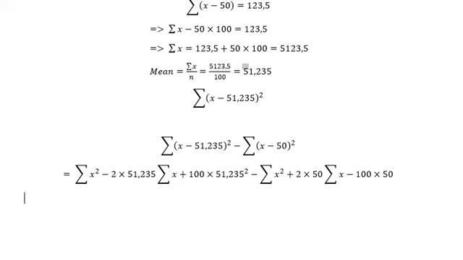So now we will simplify this one. We have the summation of s to the power of 2 and the negative summation of s to the power of 2, so they eliminate. Minus 2 multiplied by this number plus 2 multiplied by this number.